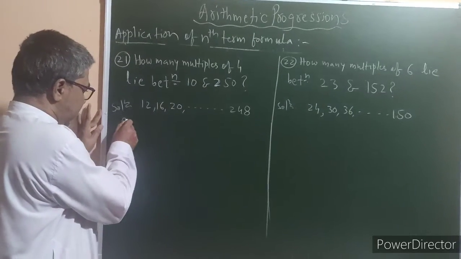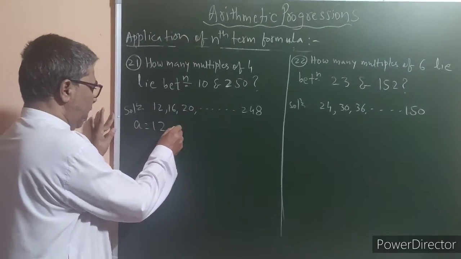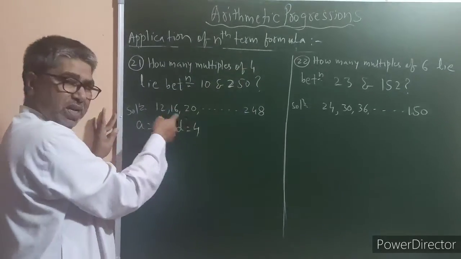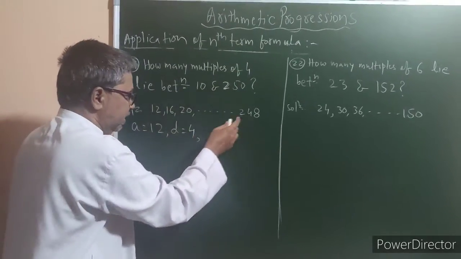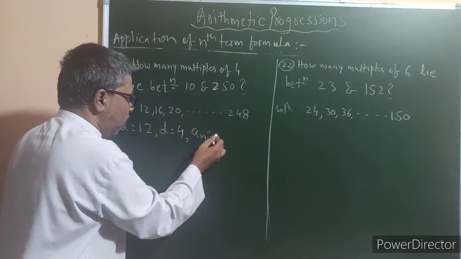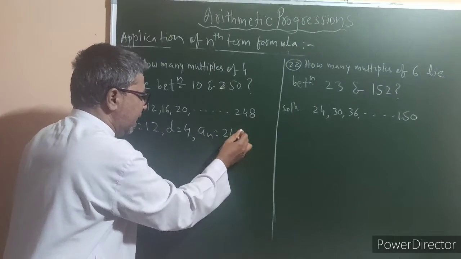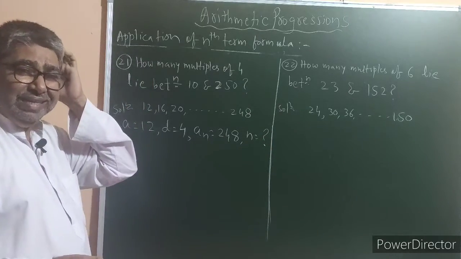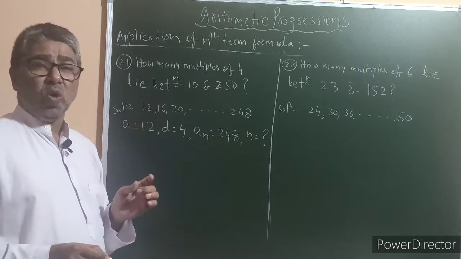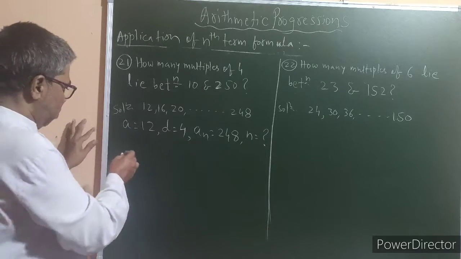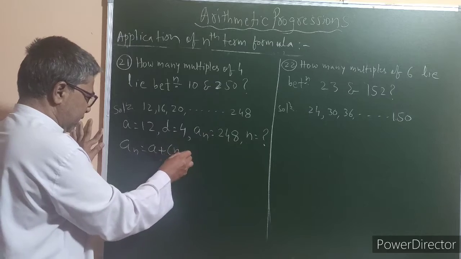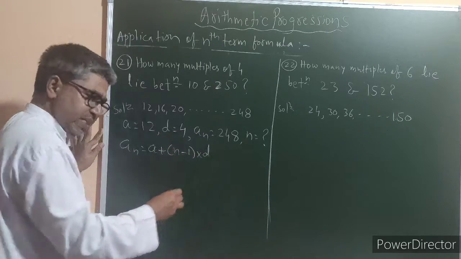Now the value of a here is 12, the value of d is 4, or 16 minus 12 is 4. Then this is the value of an, and this example is also about solving for n. Now the formula: an is equal to a plus n minus 1 multiplied by d.